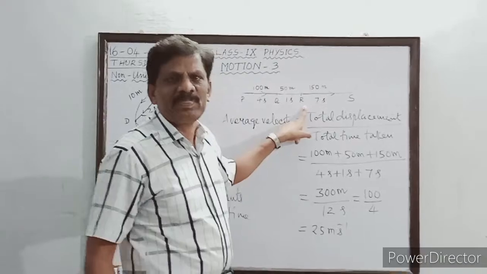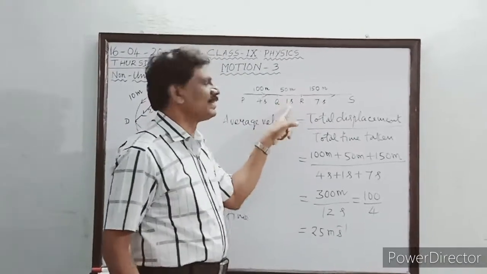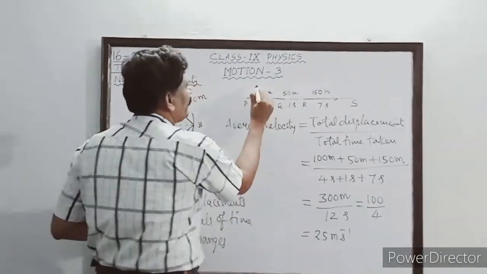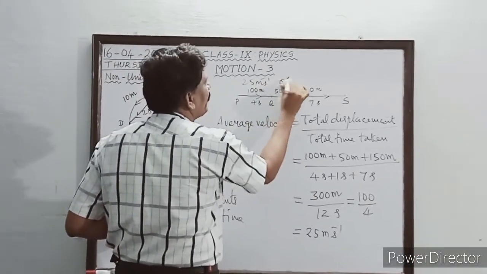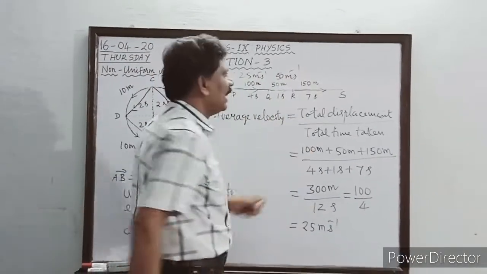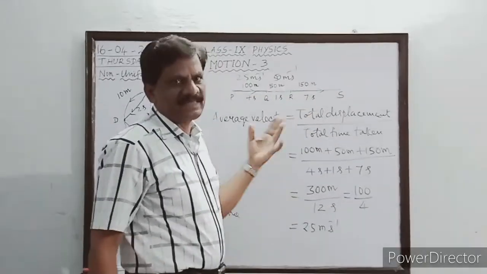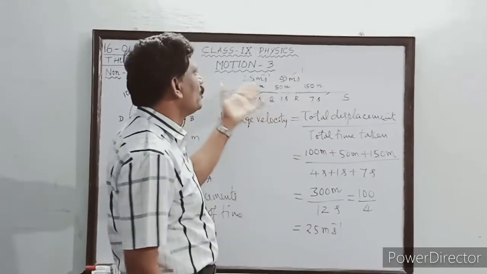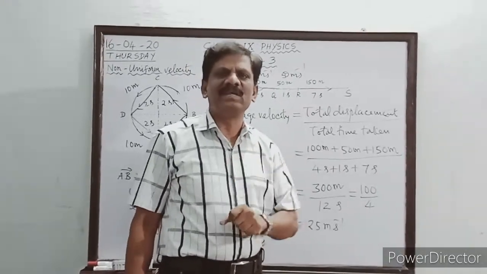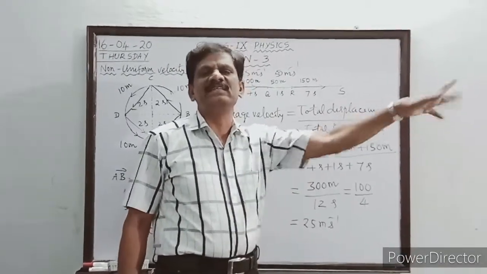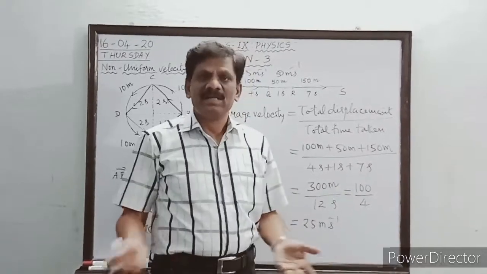Yes, it is 50 meters per second. So, in the first interval, it is 25 meters per second. In the second interval, it is 50 meters per second. And this is 150 by 7. If you divide, neither 25 nor 50 meters per second is coming. So, the individual velocity between any 2 points along its journey is not the same.